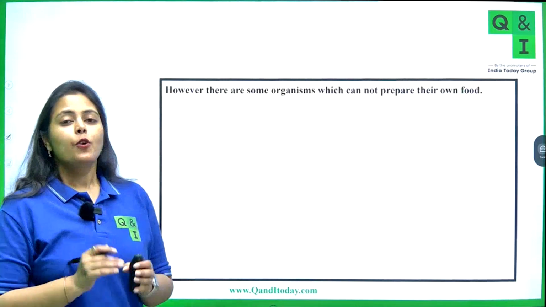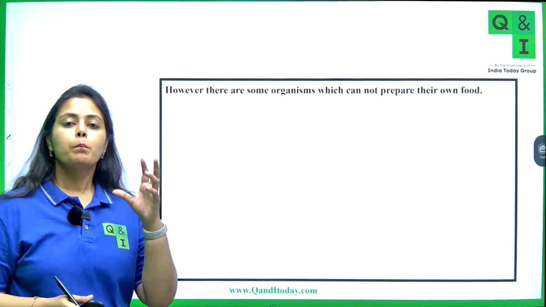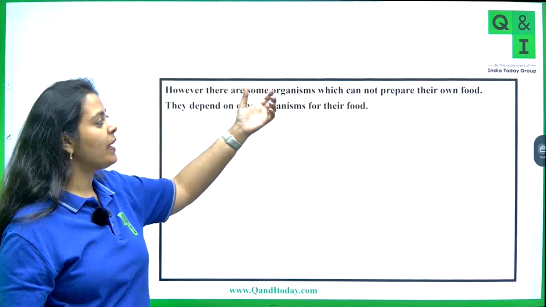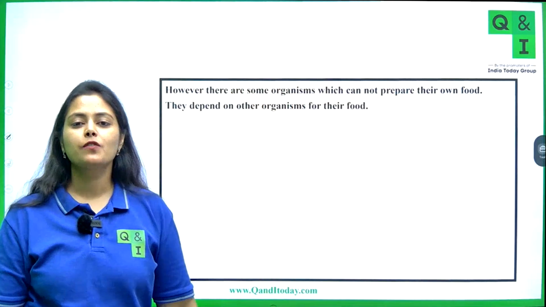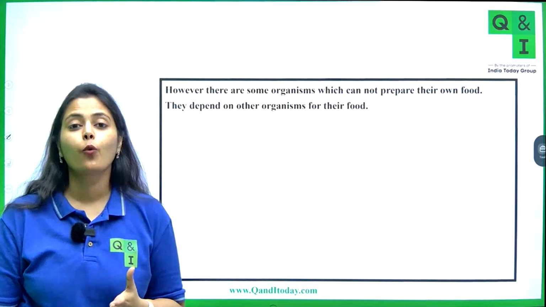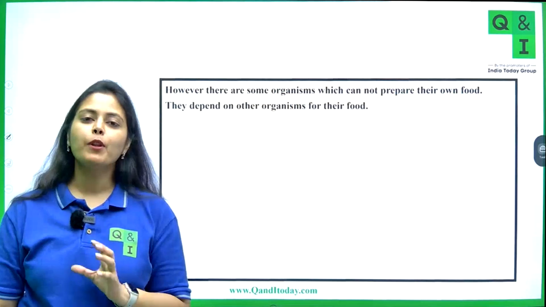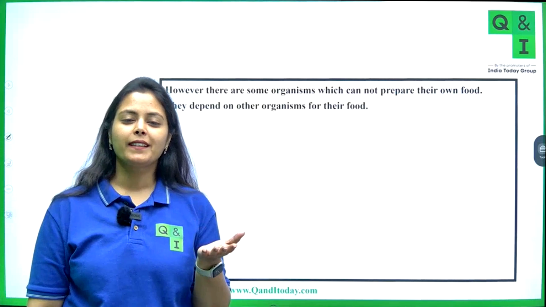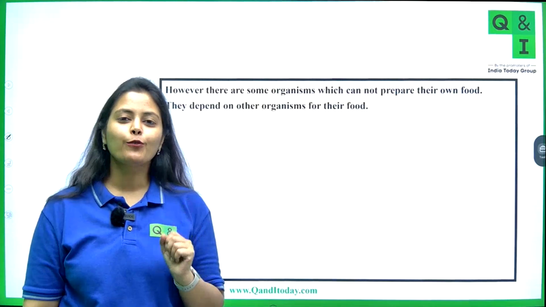Now, although we have just seen autotrophic nutrition, in our nature there are certain organisms which cannot prepare their own food. An example of this is me or you. Can you prepare your own food?